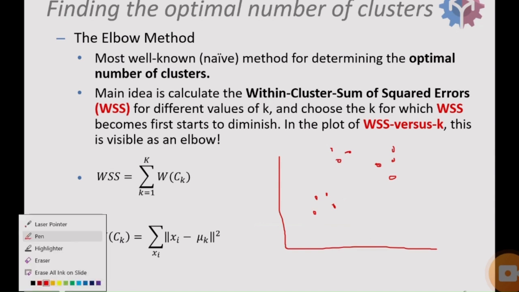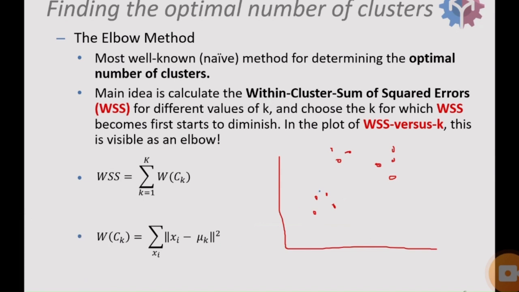Now imagine if I take k instead of 2, if I take k to be 3 with these centers, what will be the effect on errors? What will be the effect on total errors as compared to the last time?